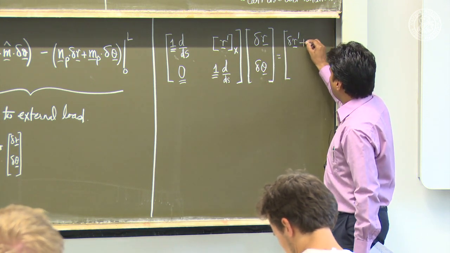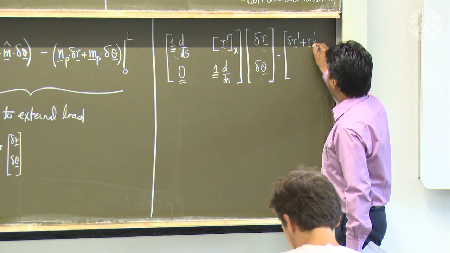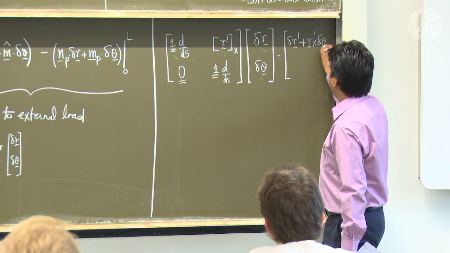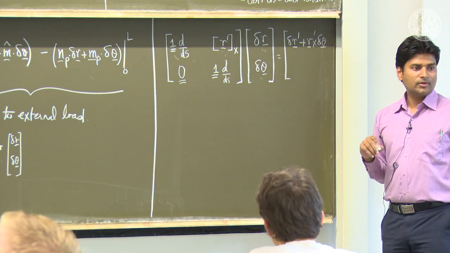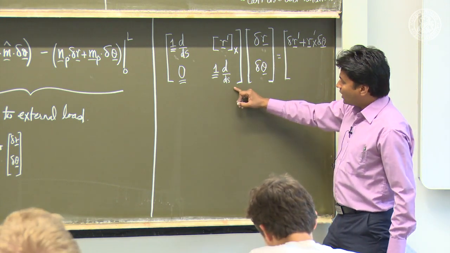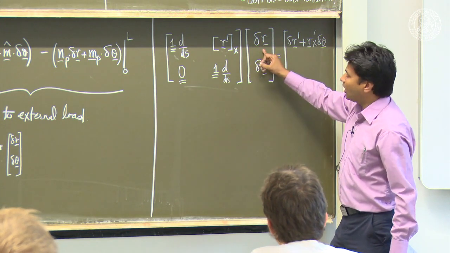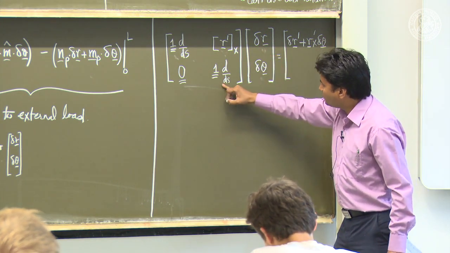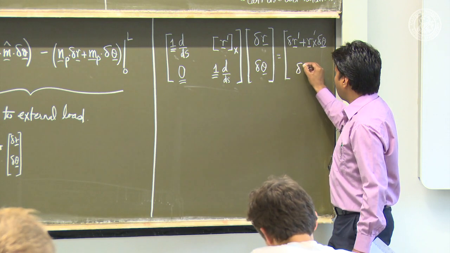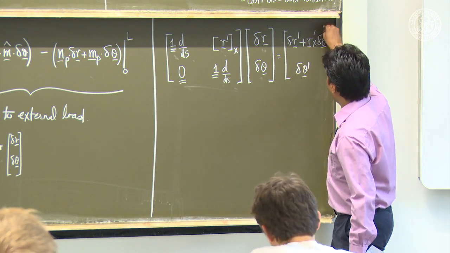So, over here it becomes little r prime cross del theta, right. And then the second term here, this times this, 0 into del r is 0, plus this times this is del theta prime.